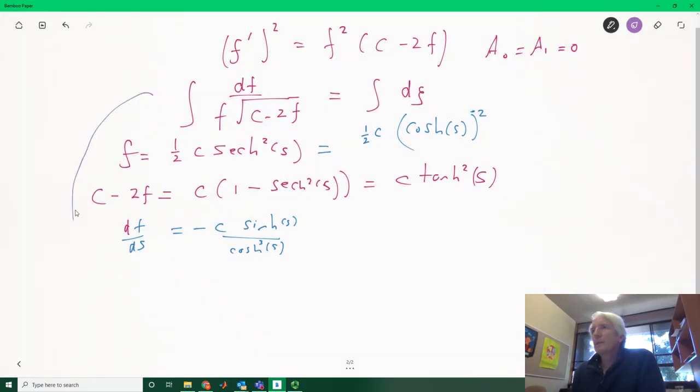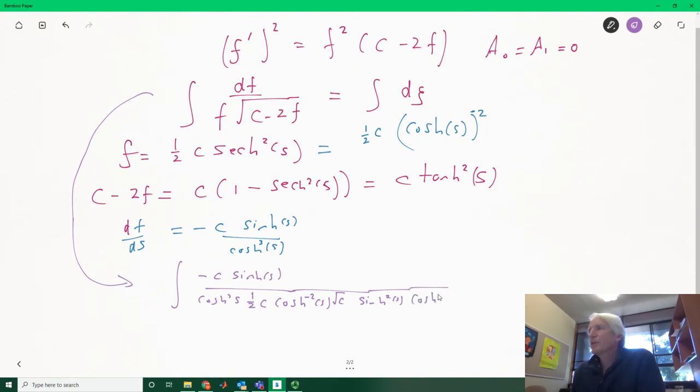So this integral here is going to become the integral of ds times df ds, so minus c sinh of s divided by cosh cubed s, and then we've also got the square root of that, multiplied by f, so that's a half c sec squared of s, which is cosh to the minus 2 of s, and then the square root of c minus 2f, which is the square root of c times hyperbolic tangent, which of course is sinh squared of s over cosh to the minus 2 of s. ds is equal to the integral of d zeta.